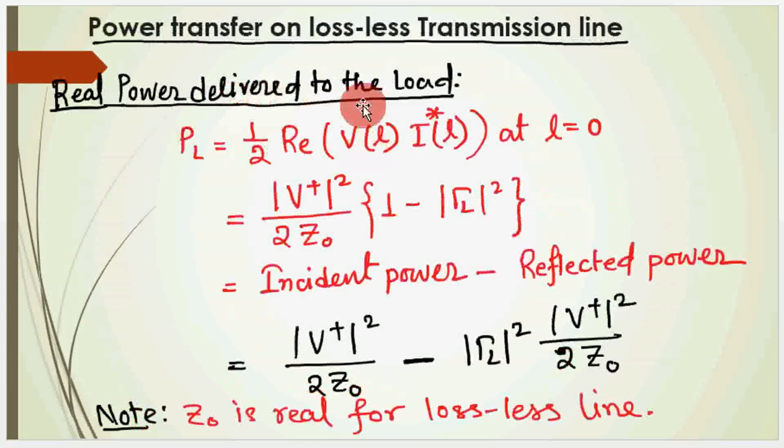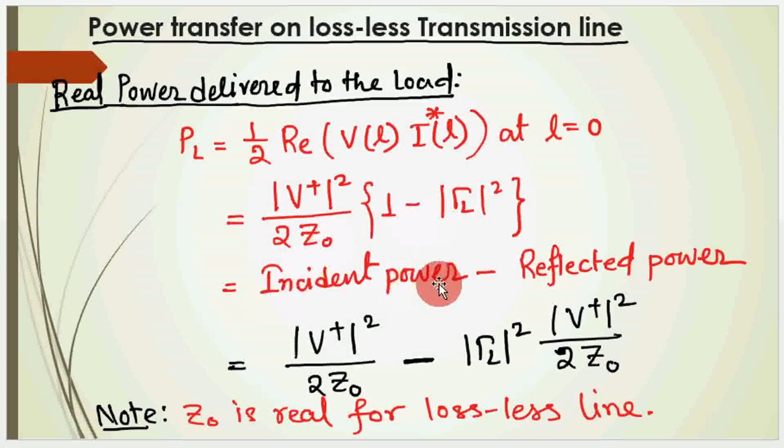So the power delivered to the load is P_L equals half the real part of this quantity at L equals 0, and the formula, you have to remember this formula, is |V+|² by 2 Z0 into (1 − |Γ_L|²). Here the factor 2 comes due to the RMS quantity, and V+ is the peak value. So this power delivered to the load has two parts.